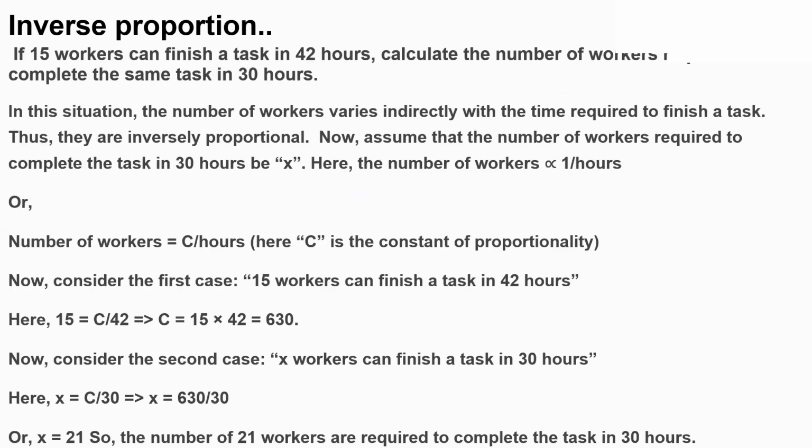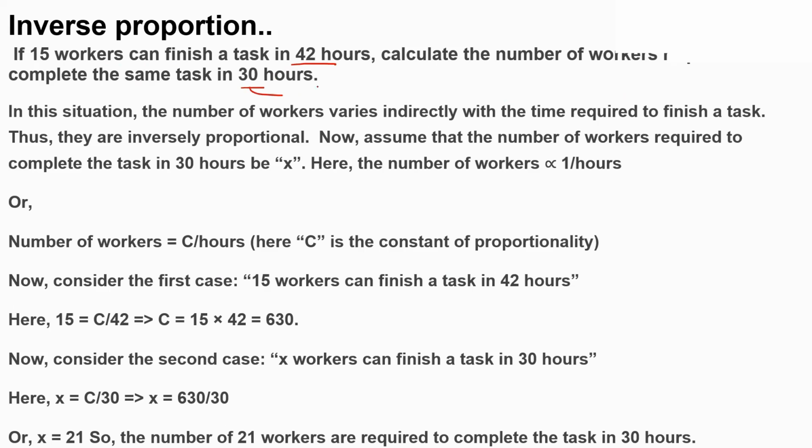I will explain with an example. I am giving you a simple example. If one man can finish a task in 2 hours, now tell me, if I want to complete that task in 1 hour, how many men should be needed? Obviously I should need more men. So that's inversely proportional. If 15 workers can finish a task in 42 hours, calculate the number of workers required to complete the same task in 30 hours.